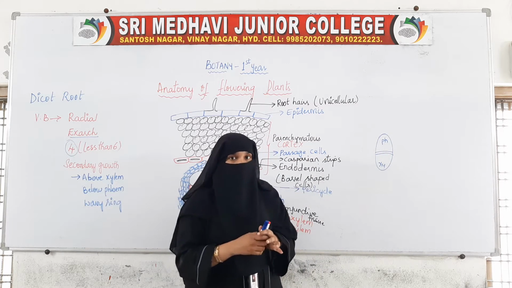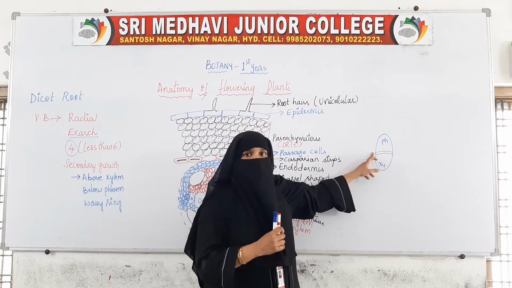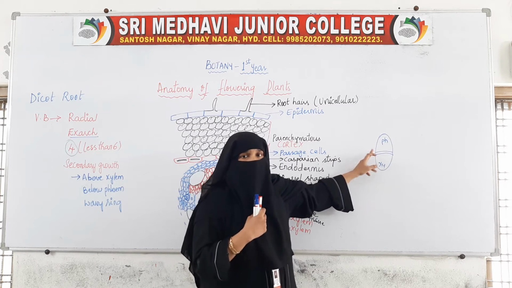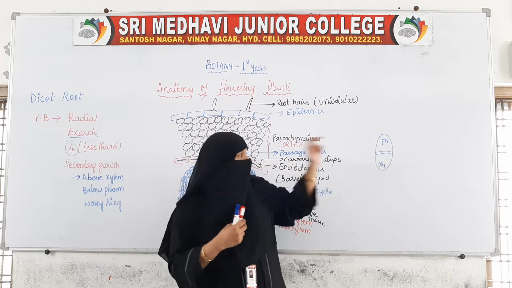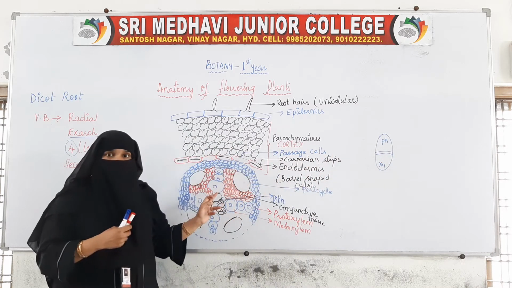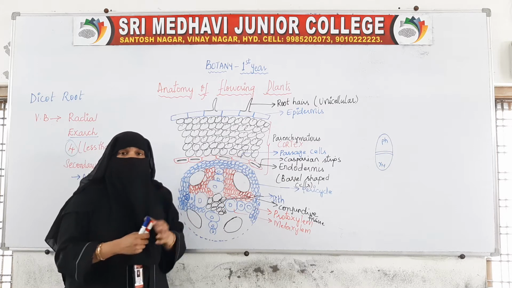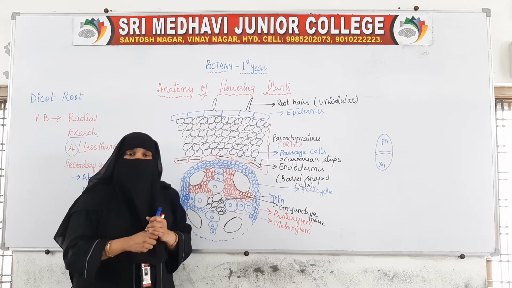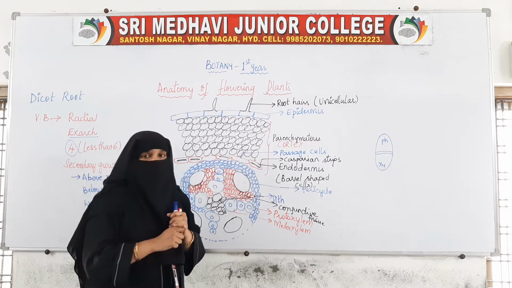Cambium is nothing but a band of meristematic tissue. So cambium was present in the vascular bundle, but here we don't see any cambium. Yet in a few plants secondary growth is seen. So how is that secondary growth seen?